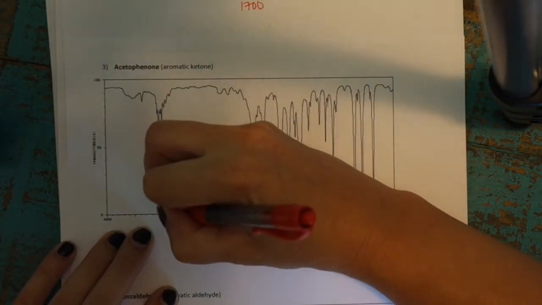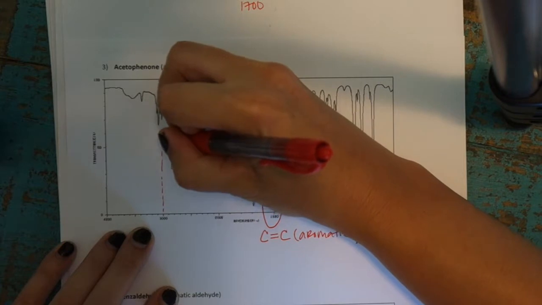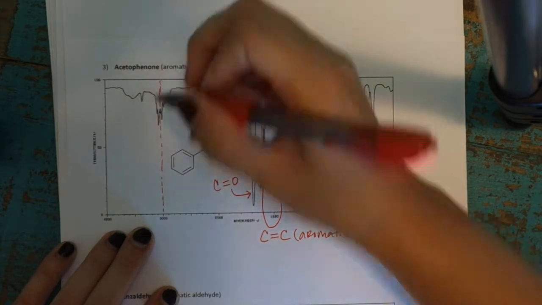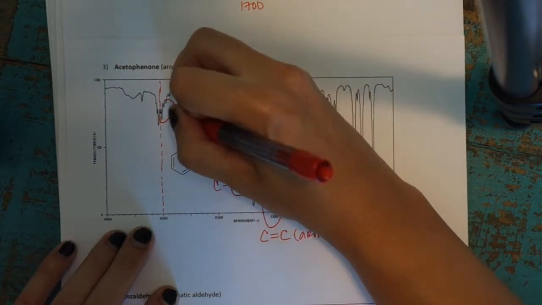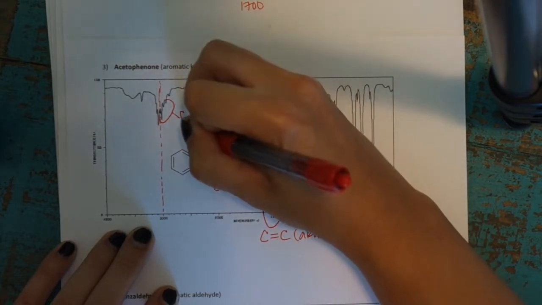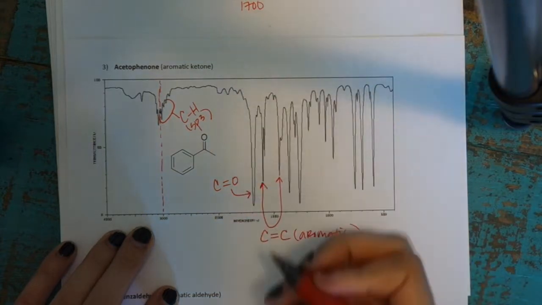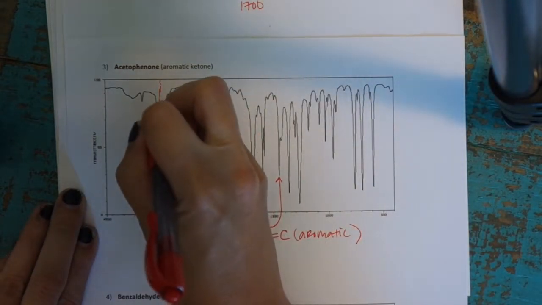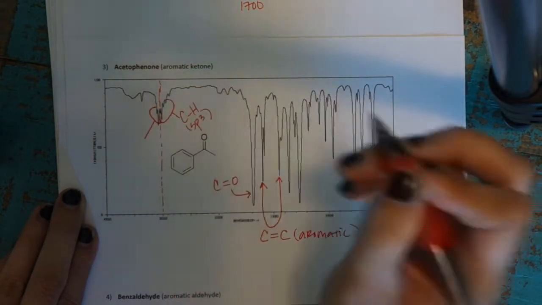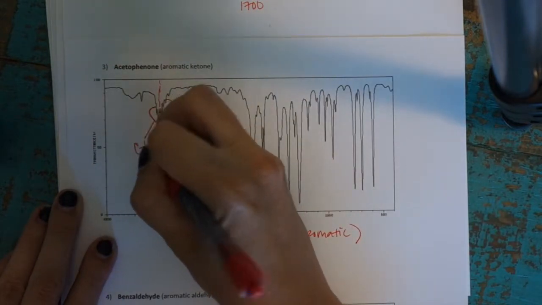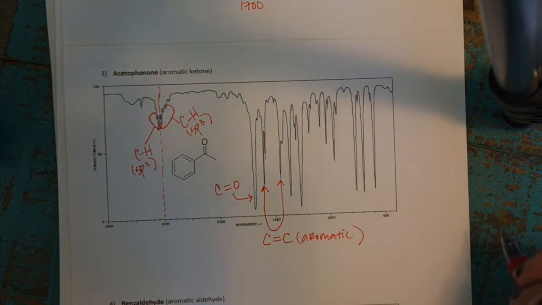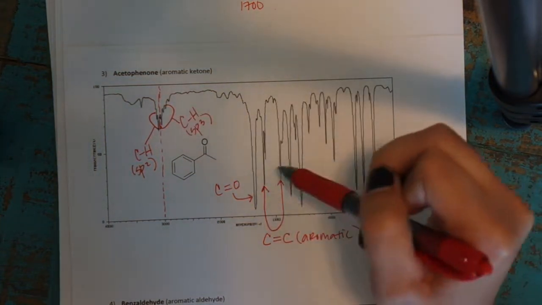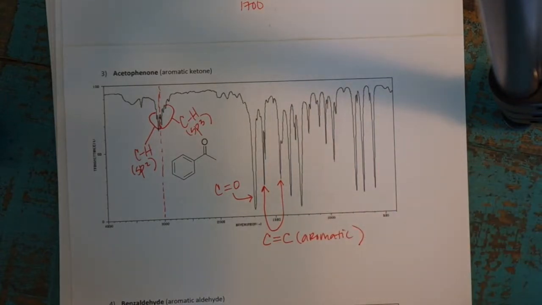Again, if we look at that 3000 marker, and you can eyeball it or try to draw a line, we have some stretching on the right side, which is our sp3 or alkyl CH bonds. And then we also have some peaks and stretching to the left of 3000. That's going to be our aromatic sp2 CHs. You can see it's messy. It's not nice and neat like the double bond region.